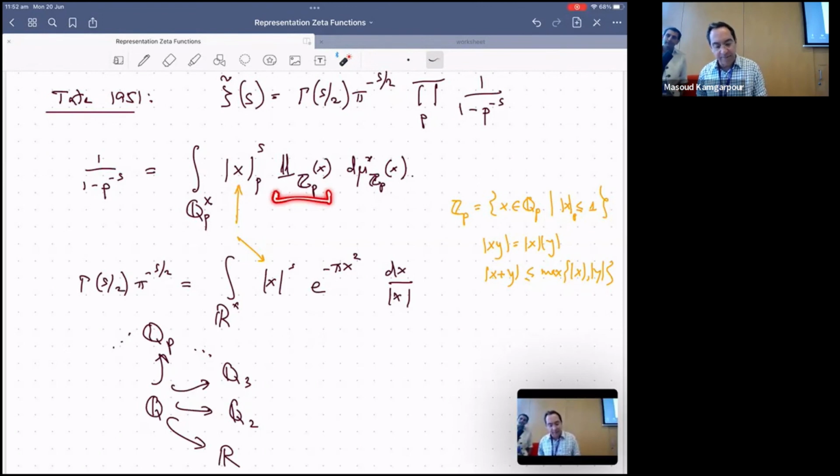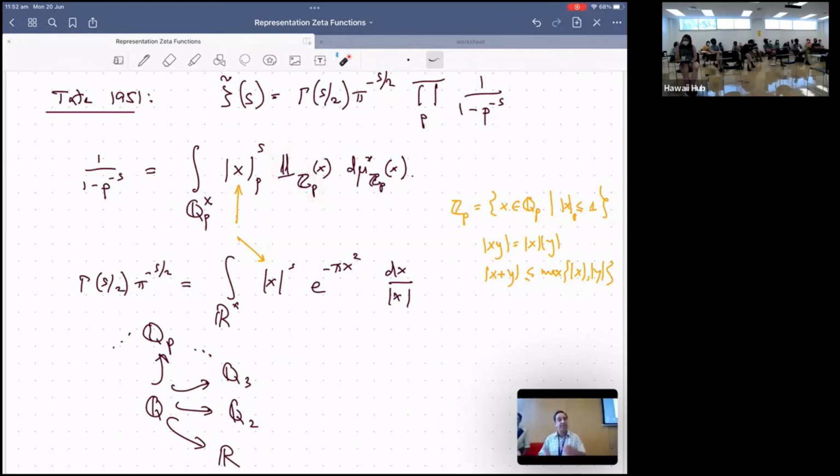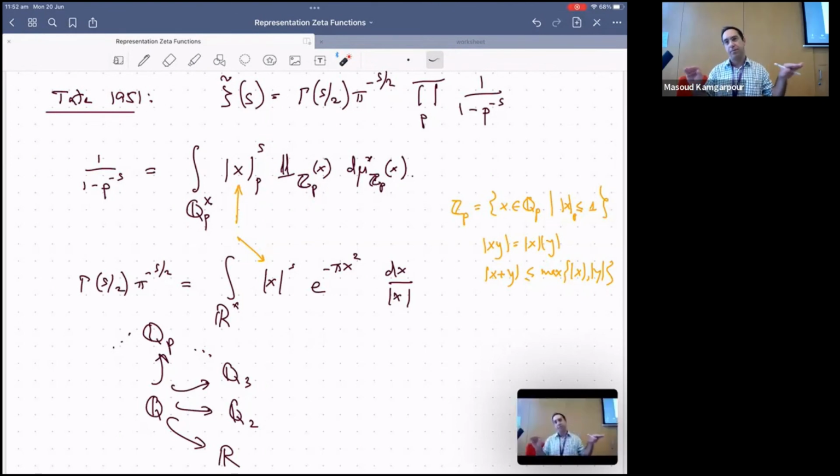At the same time, this function has a role in harmonic analysis. It's the fixed point of the additive Fourier transform on Q_p. I don't want to get into this too much at this point, but I'm happy to talk with any of you who wants.